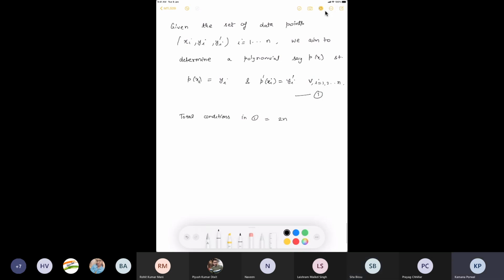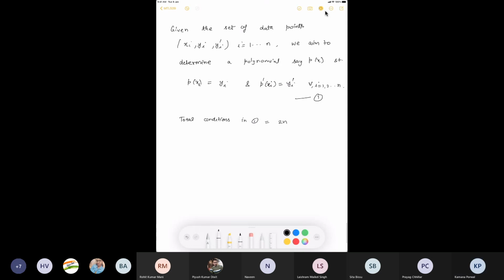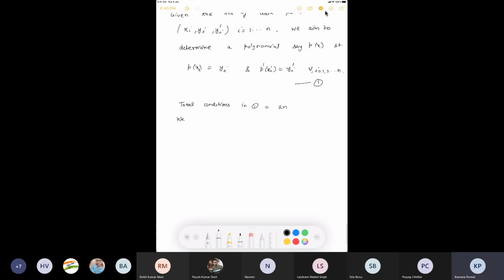Right, so at least on the degree front, we have some idea that we should be looking for a polynomial of degree less than or equal to 2n minus 1, because we have the 2n conditions and we hope that we will be able to determine the polynomial of degree less than or equal to 2n minus 1 uniquely. So basically what we are going to do, let me write this, we look for a polynomial of degree at most 2n minus 1.